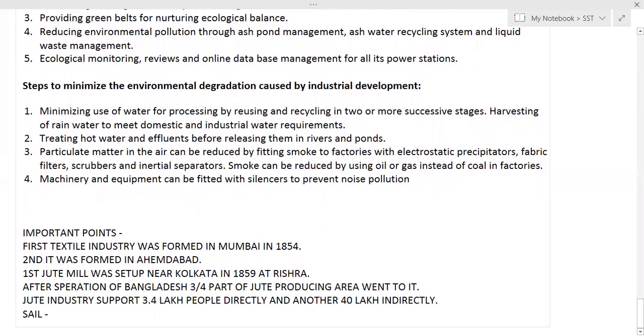SAIL means Steel Authority of India Ltd. You need to be familiar with this part.